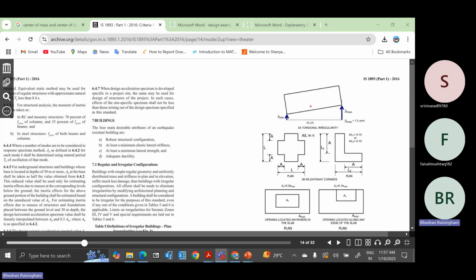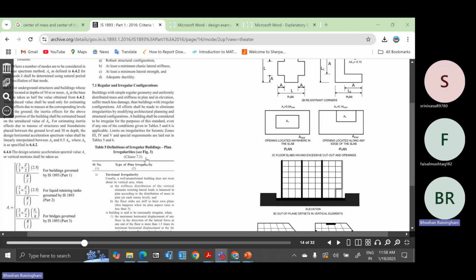Okay, I hope this criterion is clear to you, and I will try to show you through a simple example for CM and CR why it is important to ascertain whether it is torsionally irregular or torsionally regular. Right. So proportioning a building, planning a building is very important, and this parameter is very critical for all such cases.